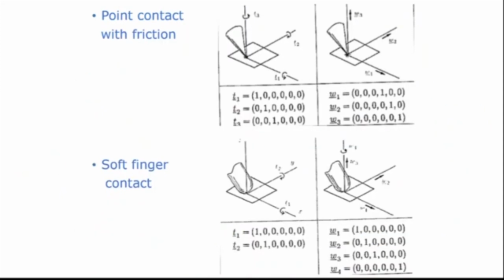The next is point contact with friction. Now as you can see, this is my x, y and z. Now there is friction there, so mu is there. Let's say there is a constant value. Now because mu is there, we can apply 3 forces. One force here, normal force. And because of mu, there's going to be a mu into n there, which is in this direction and this direction.